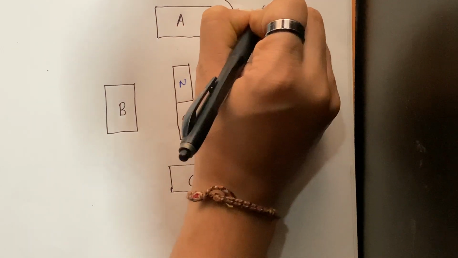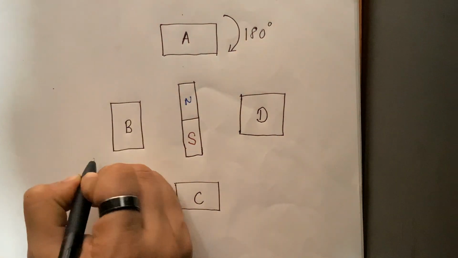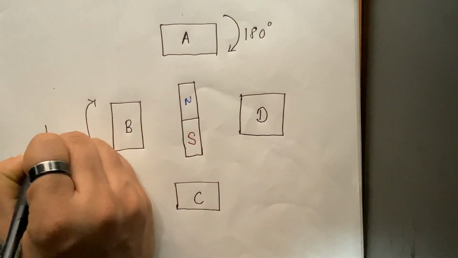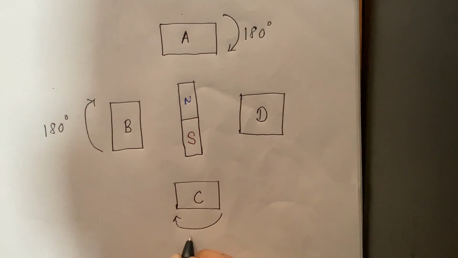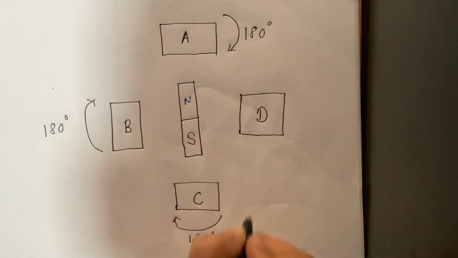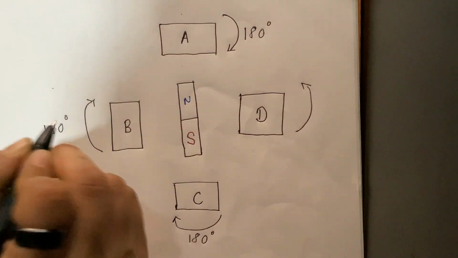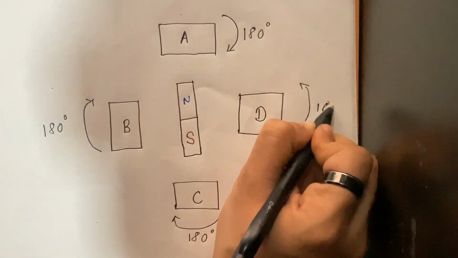They can rotate 180 degrees at a time. So this can also rotate 180 degrees, same for this, and same for this. Direction doesn't matter here. For all four magnets, 180 degrees.